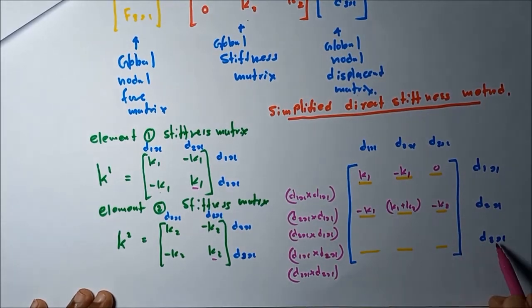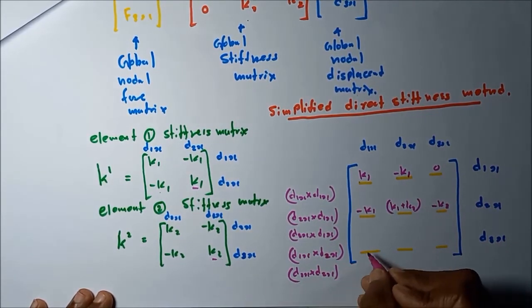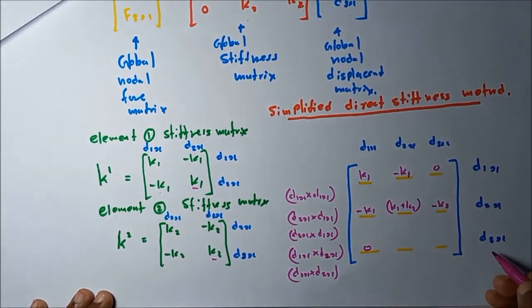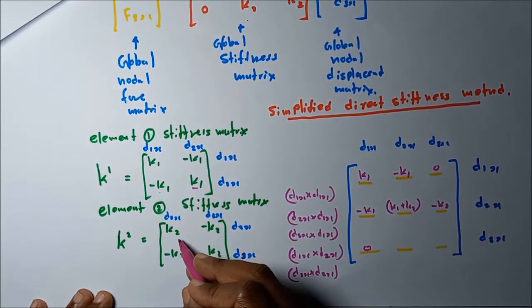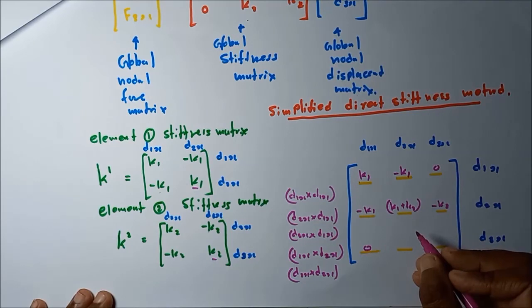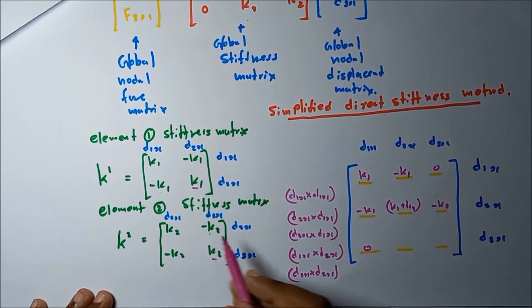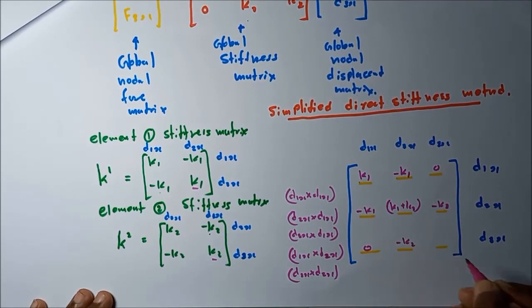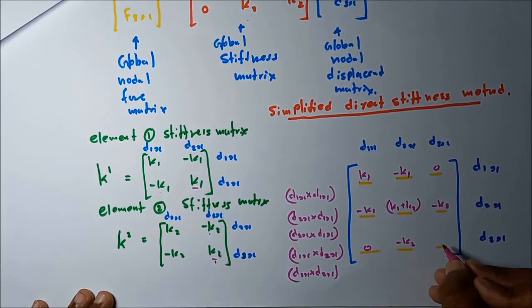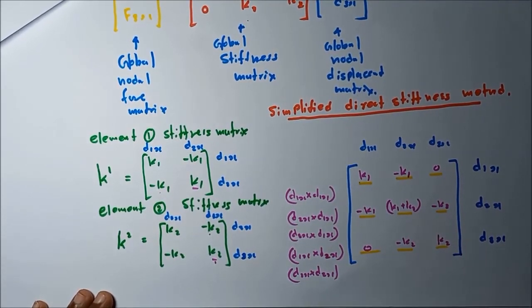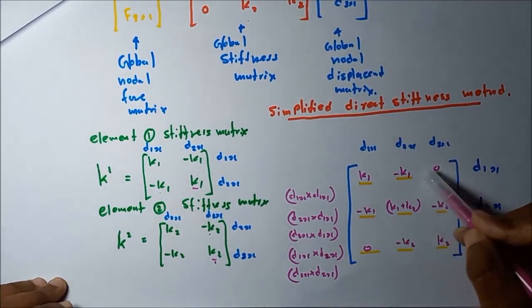Now d1x d3x terms, 0. Then d2x d3x terms, minus k2. d3x d3x term, k2. This is how we obtain the global stiffness matrix.